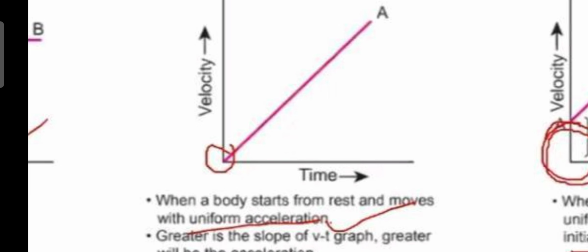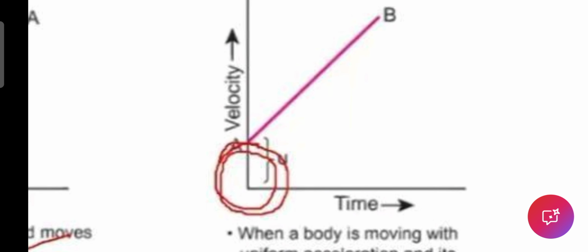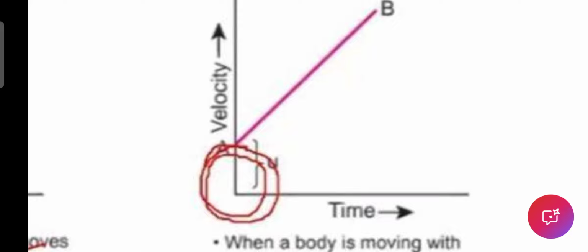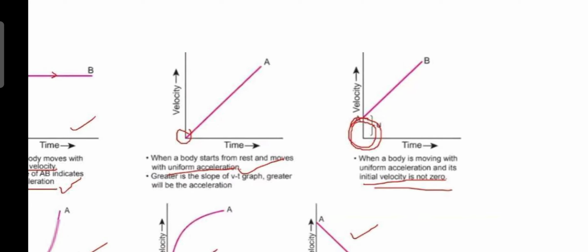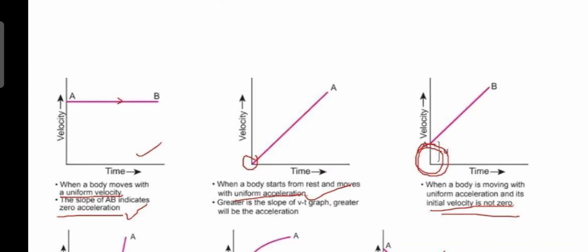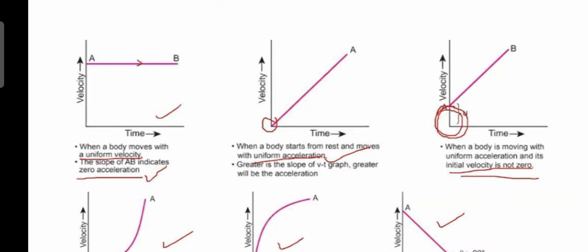If it reaches the highest acceleration in a given time, then the graph will be like this. Okay, if the vehicle is not at 0, it is already running, but it is slow at the beginning, but when the time passes, it becomes more accelerated, faster, then the graph will be like this. So all the three are uniform accelerations, uniform motions.